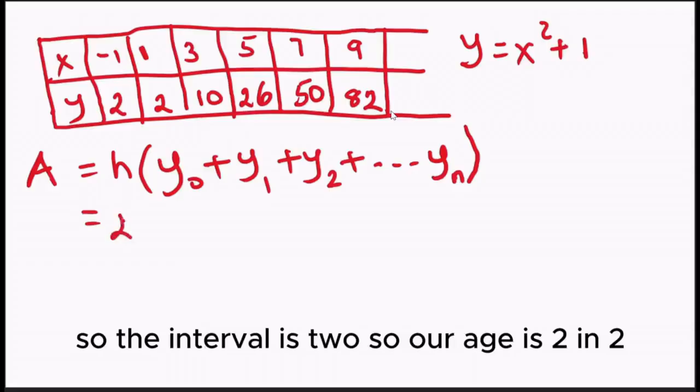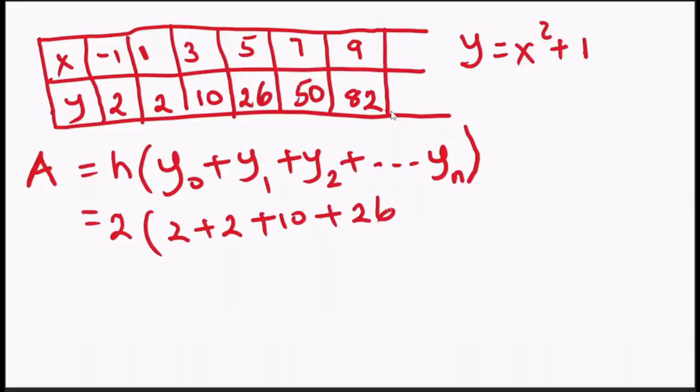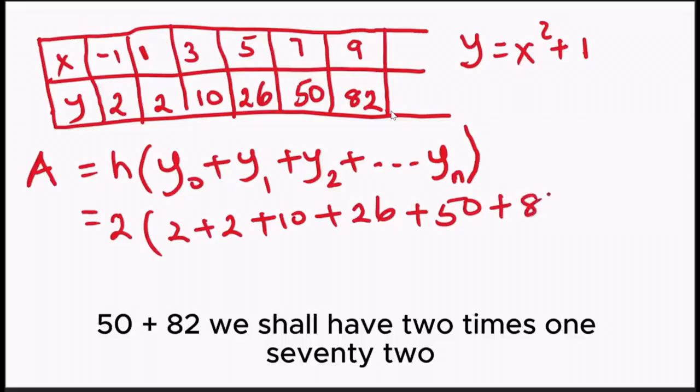So our h is 2 into y0 is the first y, which is 2, plus 2, plus 10, plus 26, plus 50, plus 82.